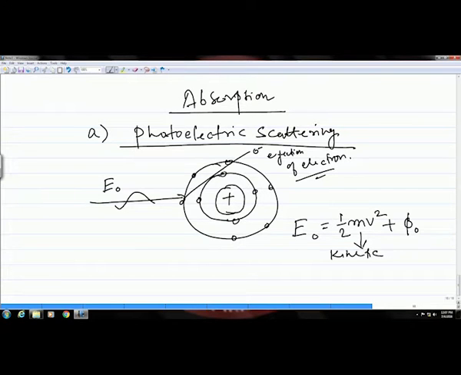Okay. So, the electron will not only be ejected, it will also be given a kinetic energy because of the high energy X-ray photons. And this is the energy needed to eject the electron from the outer shell.